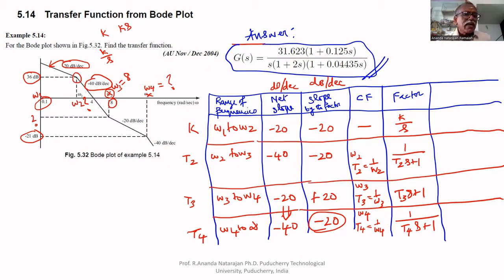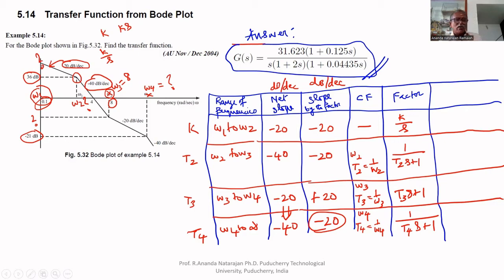How to find K? At omega 1 we know the frequency, but we do not know the magnitude. That's why it's not possible to find at 0.1. We know the magnitude at omega 2, so first we have to find omega 2.